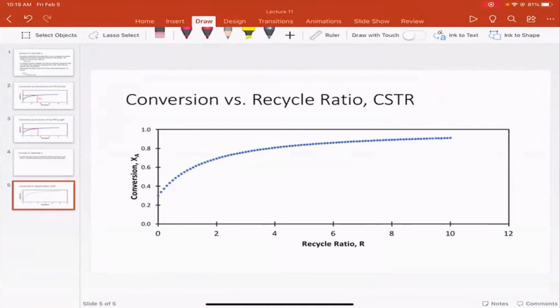Now we introduce this diluting stream, and we can achieve much, much higher conversions. Now, that's not free. That does happen with a reduced overall reaction rate, but we can increase the conversion, which is good.